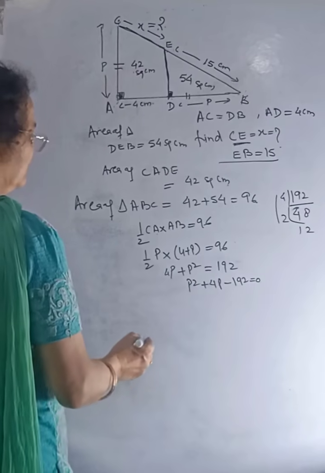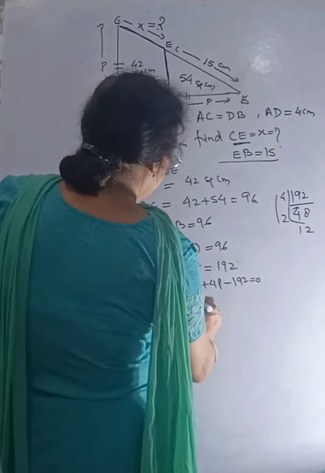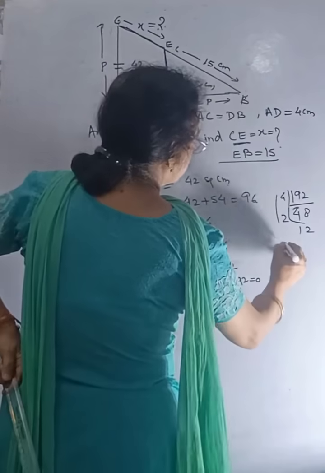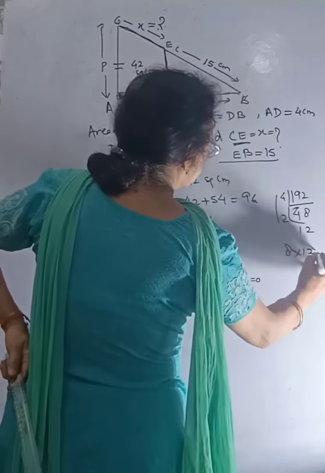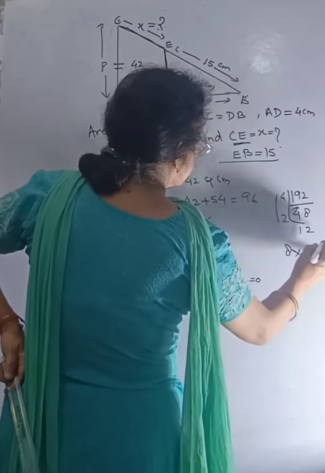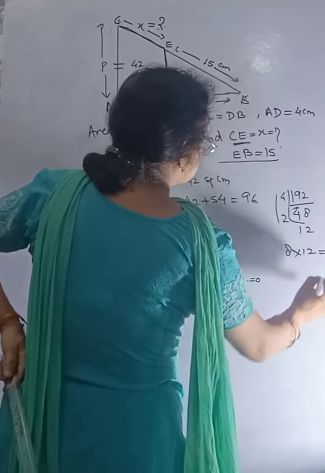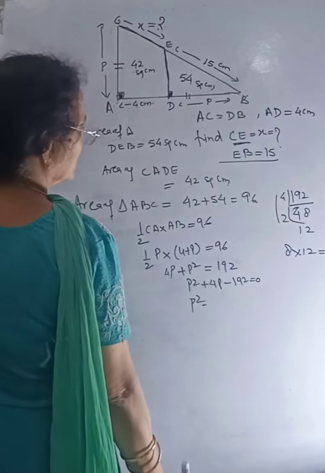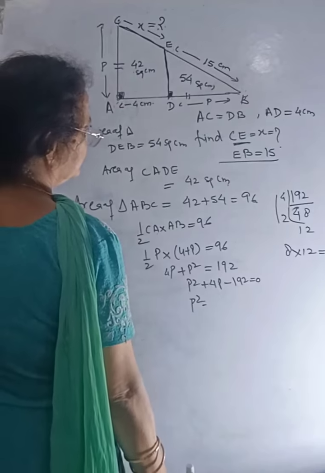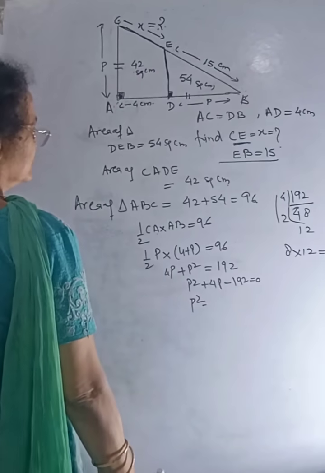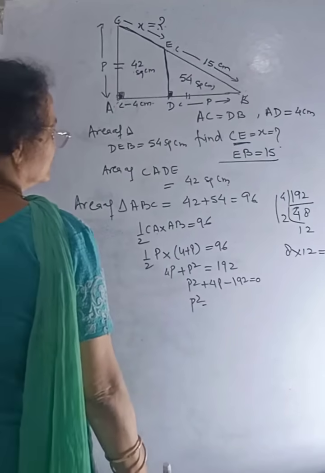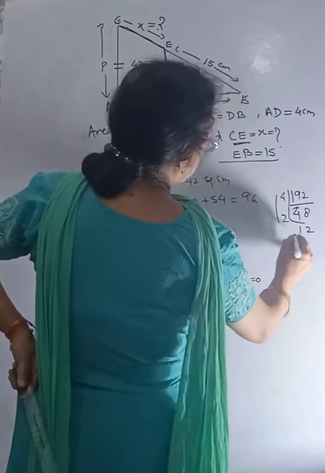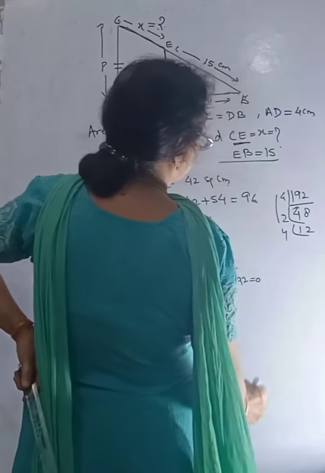Minus, oh, it can be done here. This is P square plus 8 into 12, is equal to 192. No, this cannot be done. Let us do it with 4.